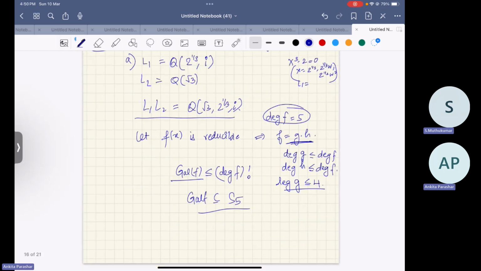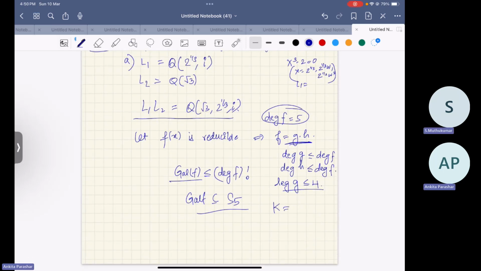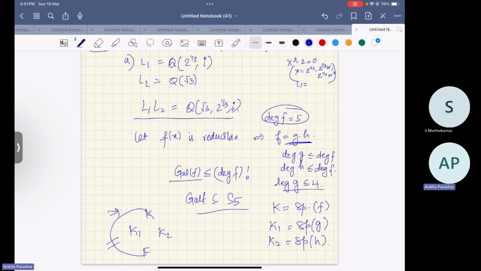So K is the splitting field of F, and K1 is the splitting field of G, K2 is the splitting field of H. Then what can you say about K, K1, K2 and F? So the Galois group of K over F is given to have order 60.